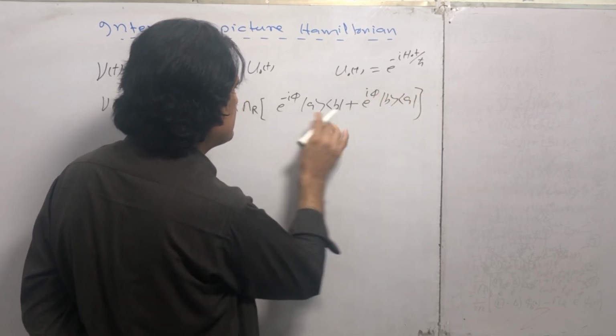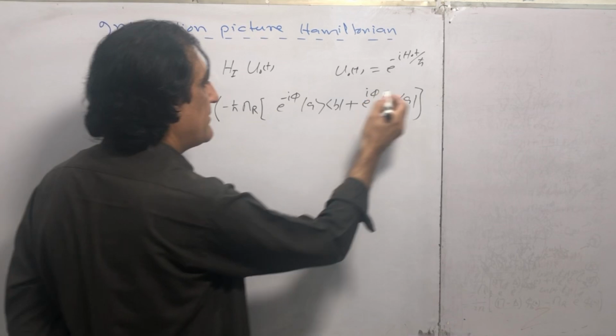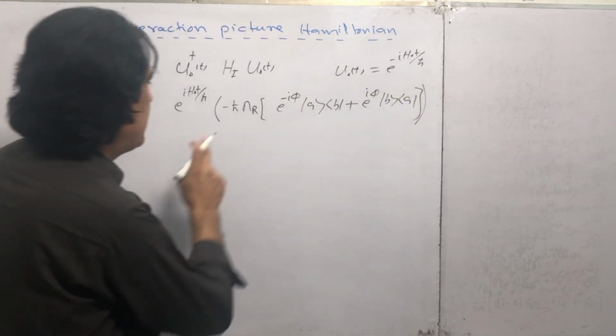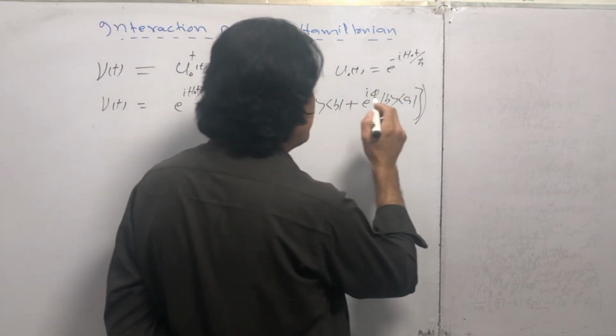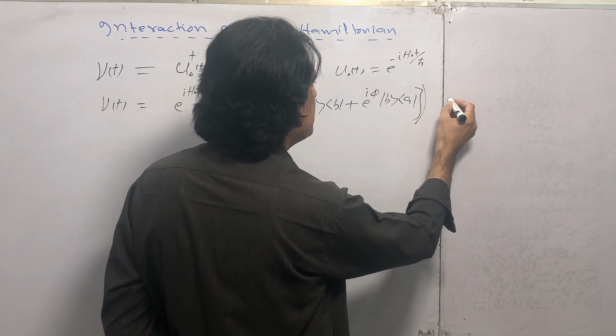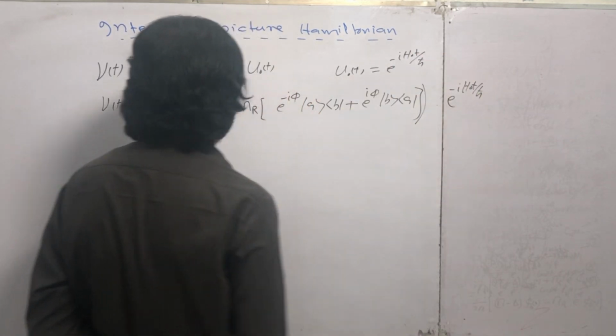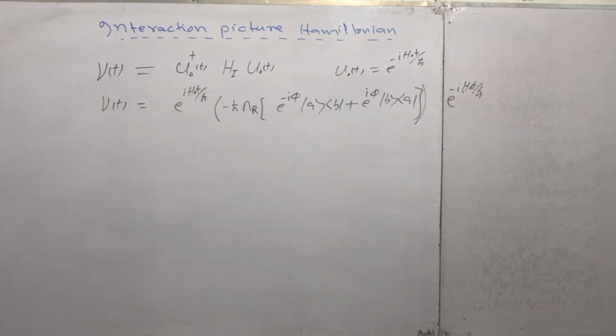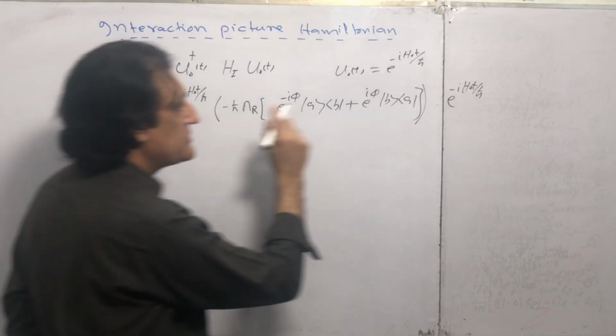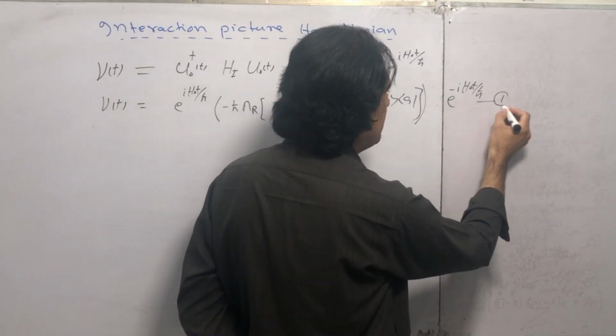So this is the interaction Hamiltonian, and omega_R, we know this is the Rabi frequency, and U naught, e to the power minus i H naught t divided by h bar. This equation is equation number 1.